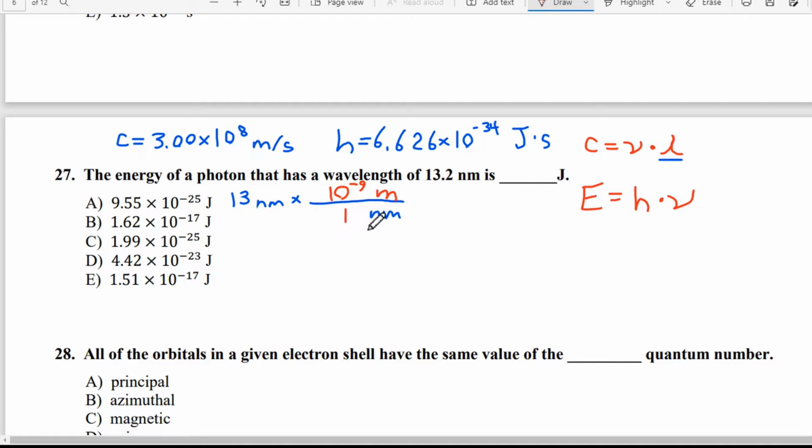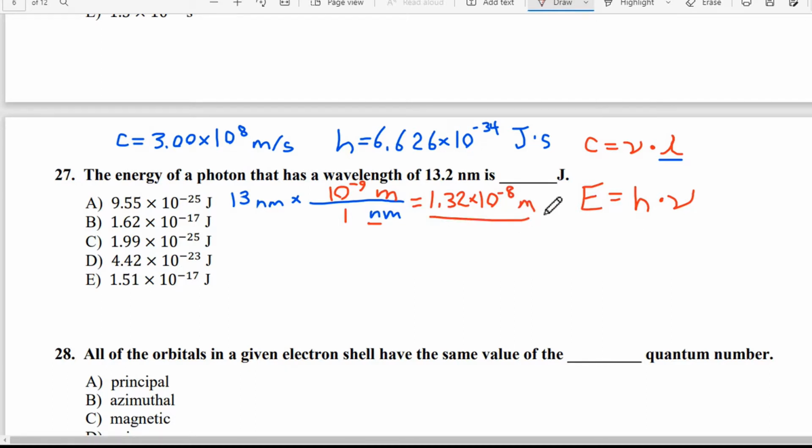So 1 nanometer is 10 to the negative 9th meters. Put a 1 in front of the unit with the prefix and put the meaning of the prefix in front of the base unit. And that's going to give you 1.32 times 10 to the negative 8th meters.